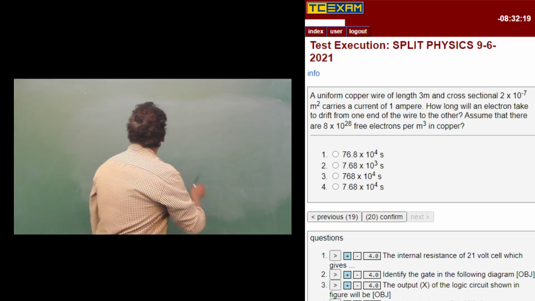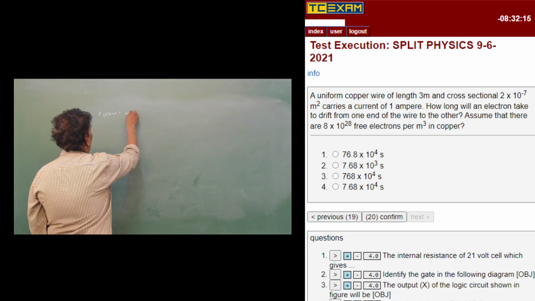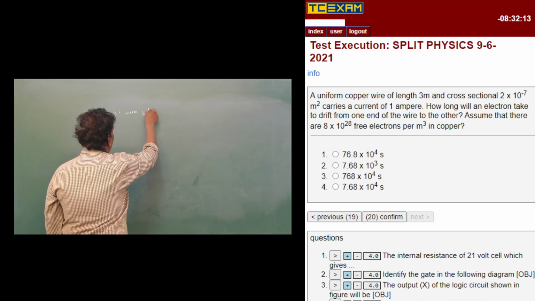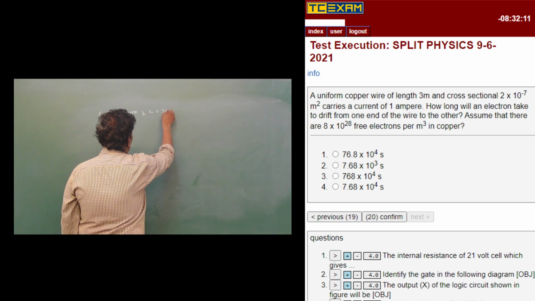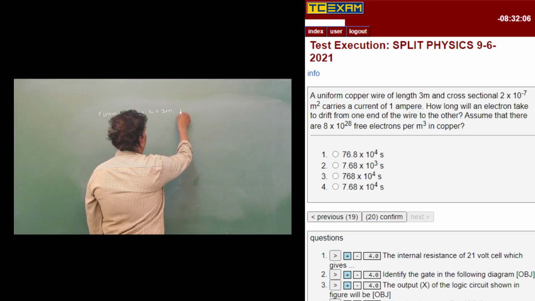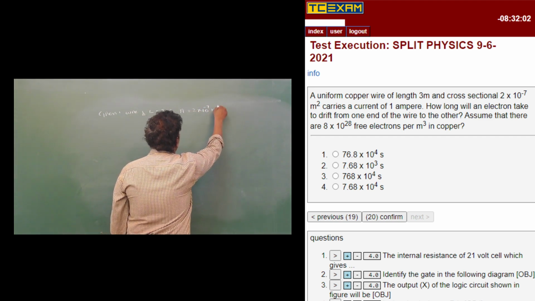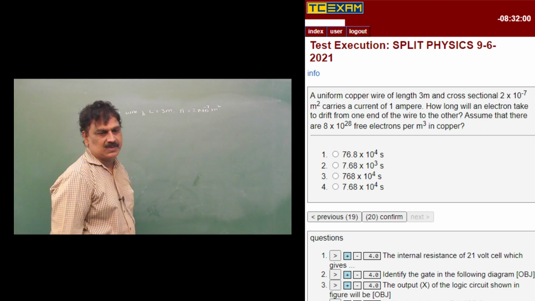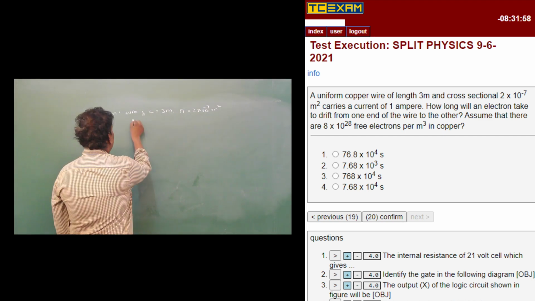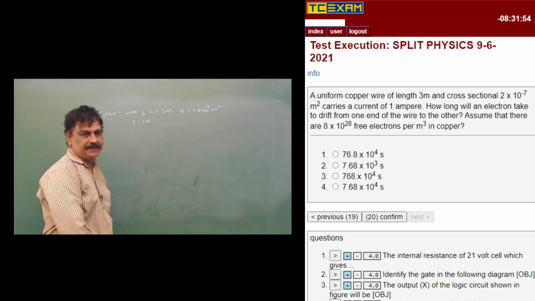So we have given a wire of length L equal to 3 meter. Area of cross section A is equal to 2 into 10 power minus 7 meter square. Now a current of I equal to 1 ampere is flowing through it.